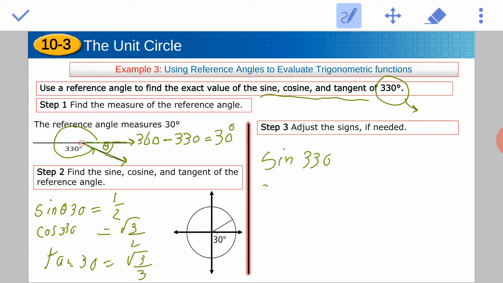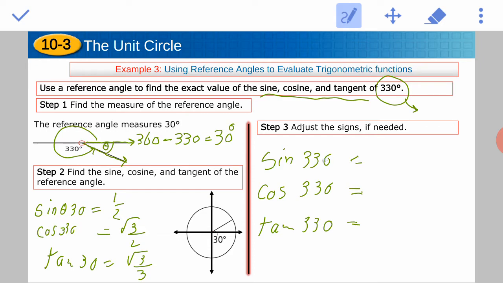330 and cosine 330 and tan 330. Remember, guys, 330 is in quadrant 4. The sine ratio is negative because we are underneath the x-axis, so the y is negative.